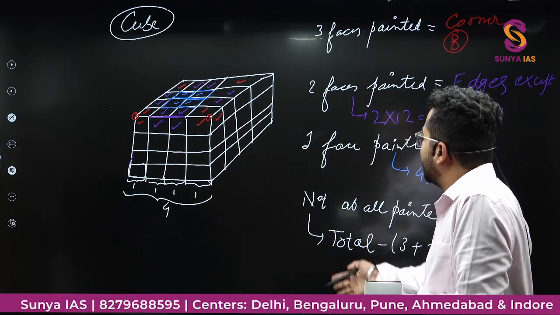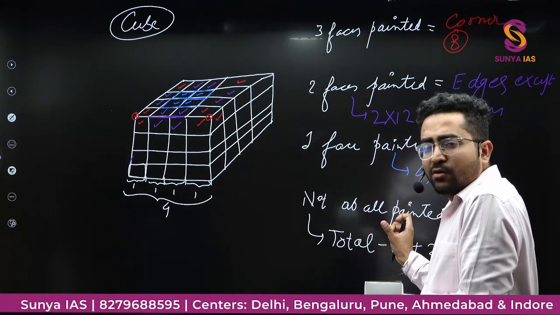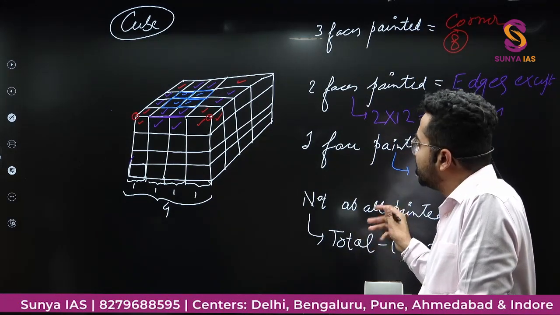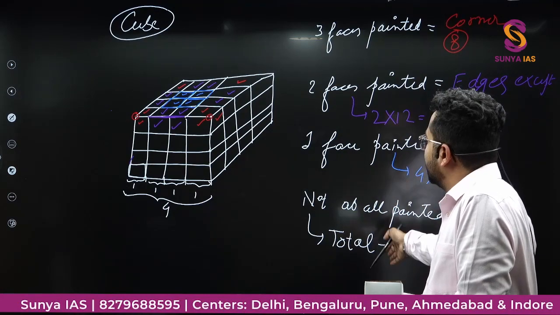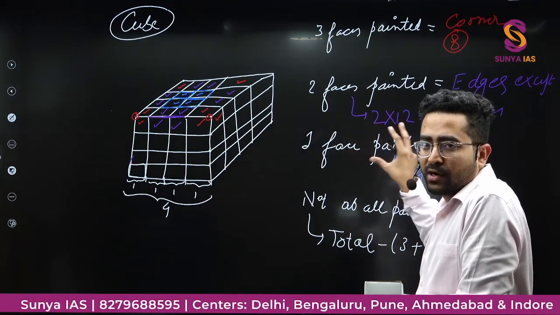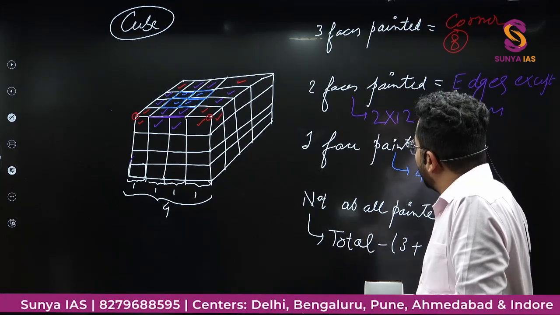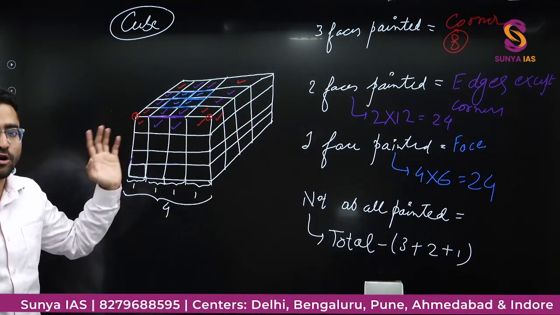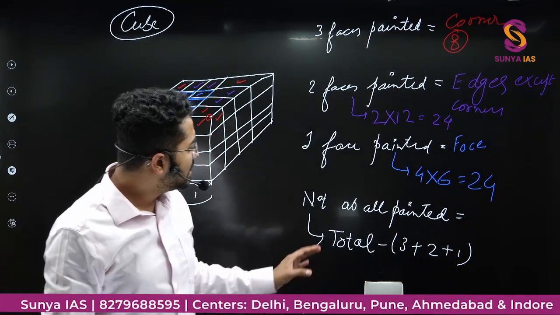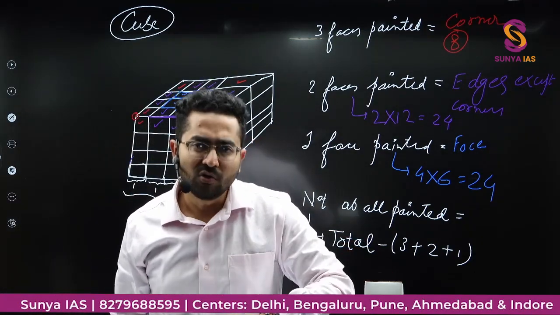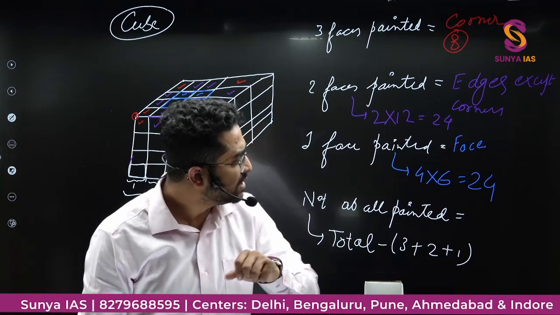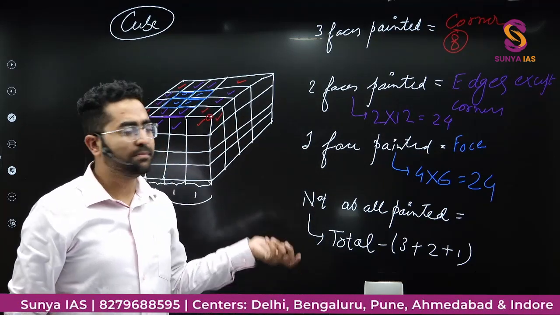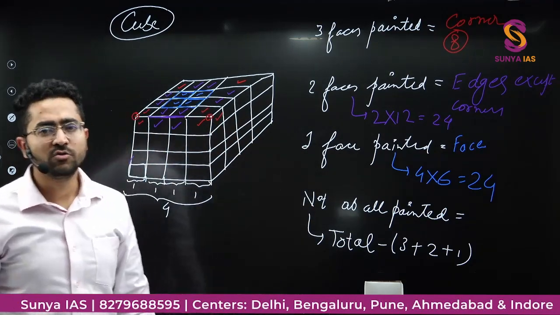This logic we have in the cube is very important to understand. Even though I'm taking much time in making you understand, this is important. Now there is a general formula for the 1 face, 2 face, and not at all painted cases. Even though I won't highly recommend learning the formula, if you can learn it, it might be useful for you sometime.